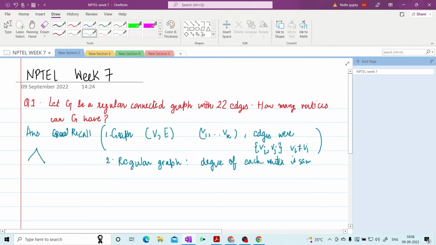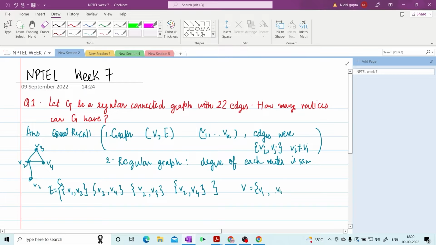If this is my graph, the set of vertices will be v1, v2, v3 and v4. Edges will be v1 v2, v3 v4, v2 v3 and v2 v4.